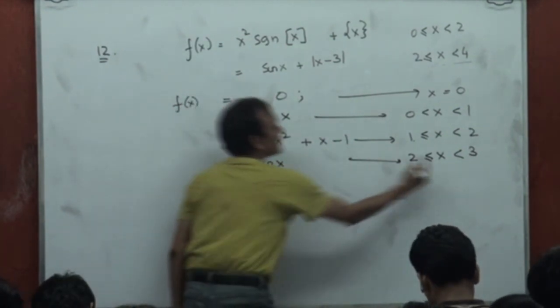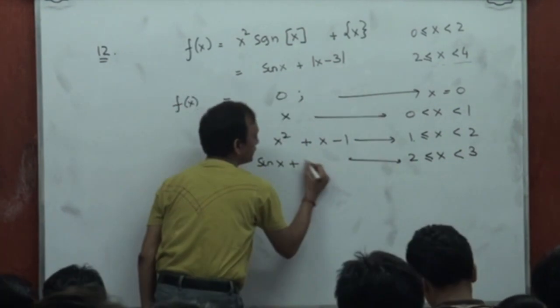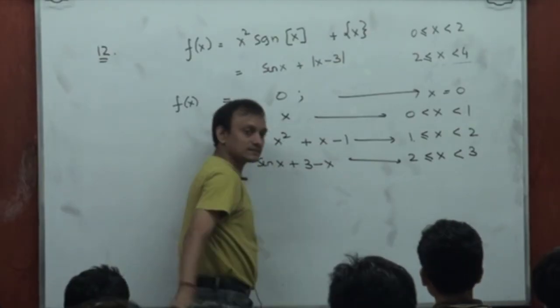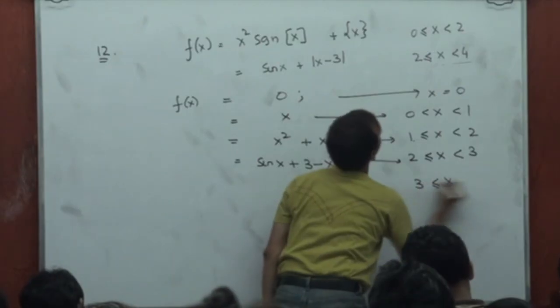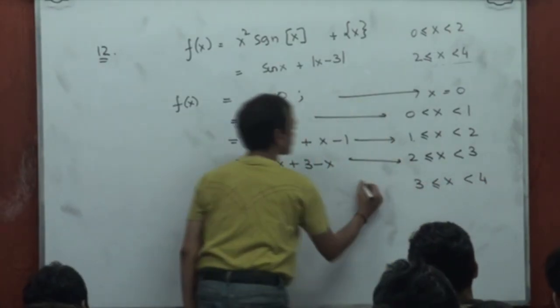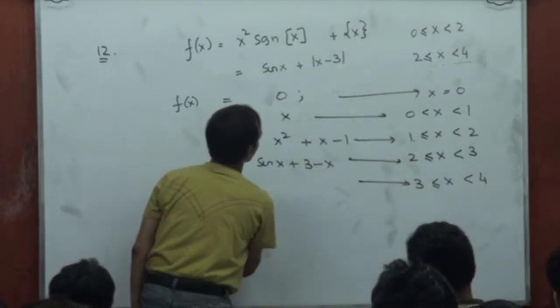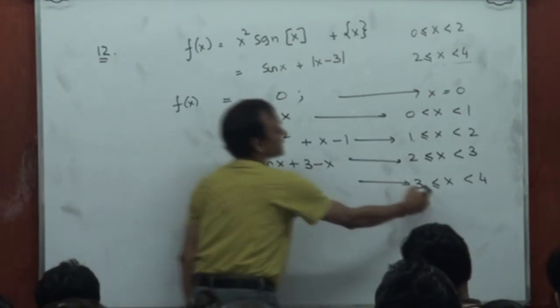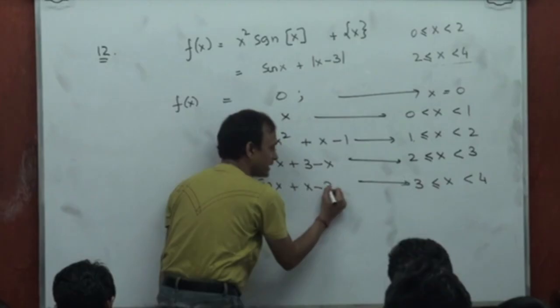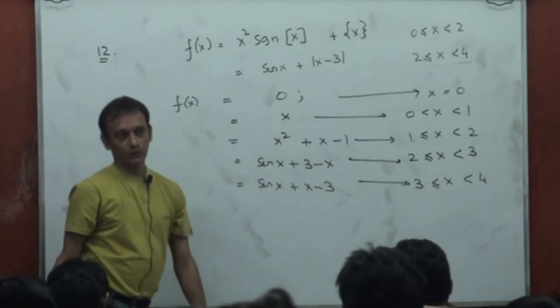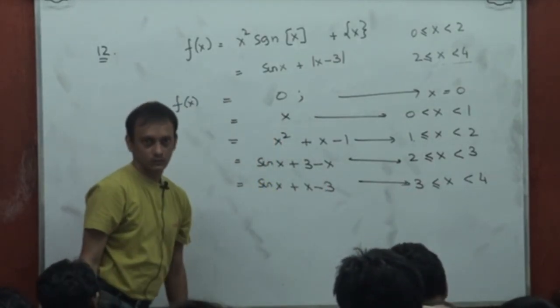When x is less than 3, mod x minus 3 would be 3 minus x. Right? When x is greater than or equal to 3 but less than 4, this is going to be sin x plus, when x is greater than or equal to 3, mod x minus 3 will be x minus 3. Yes or no? Right?